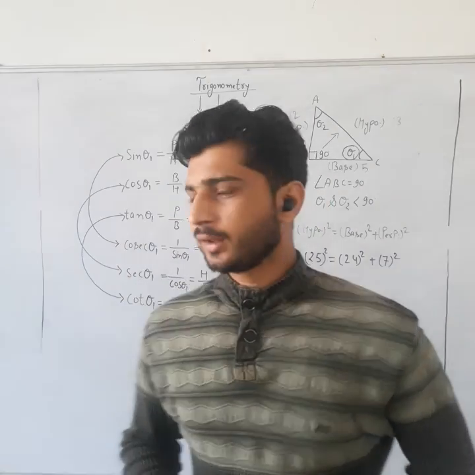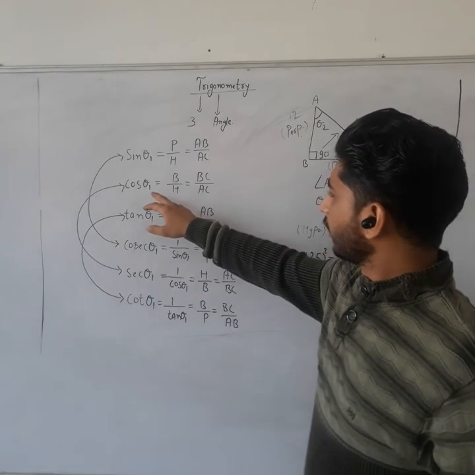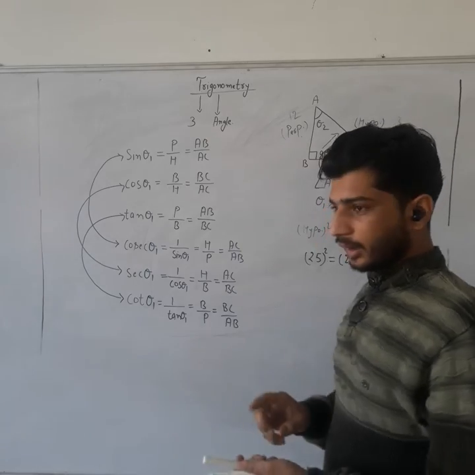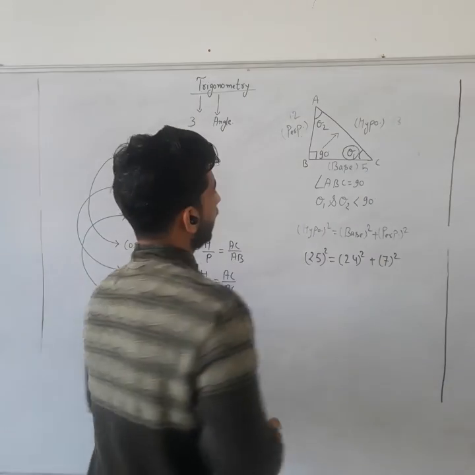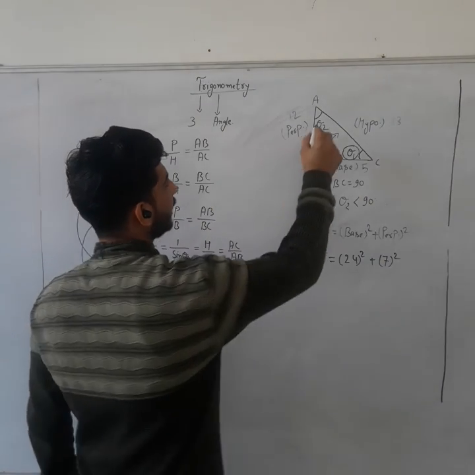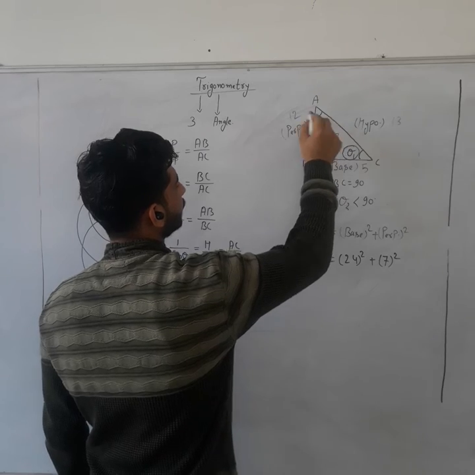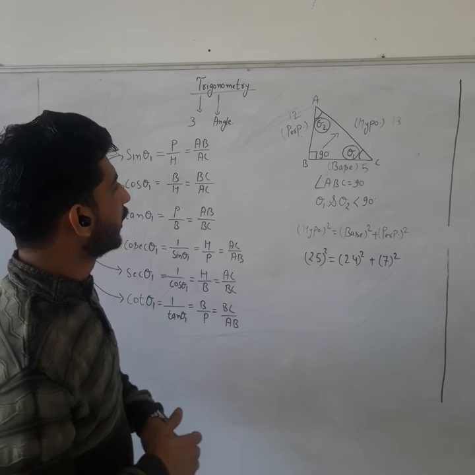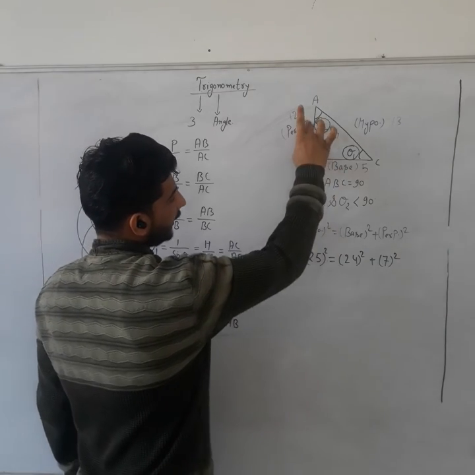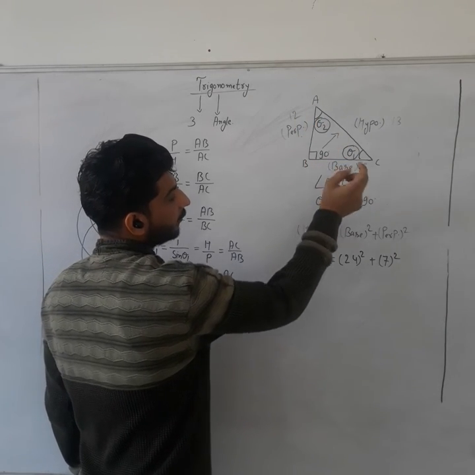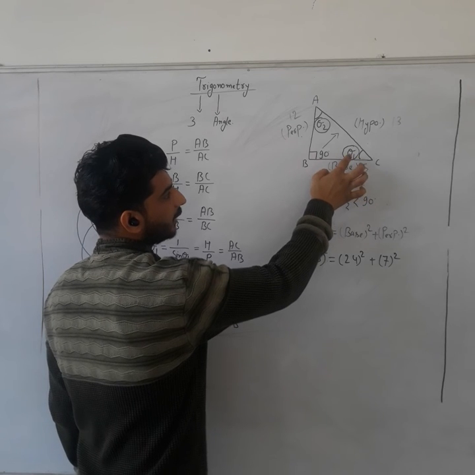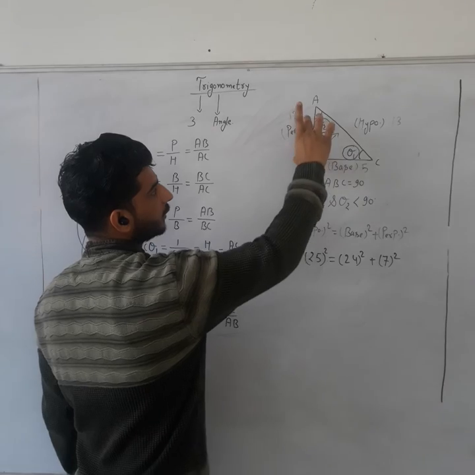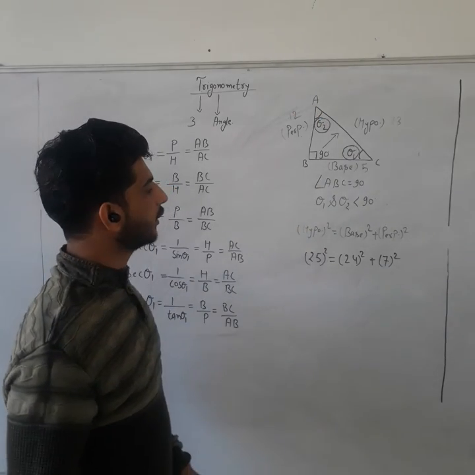Here we have discussed ratios with respect to angle theta 1. In the same triangle, if we are discussing angle theta 2, these values change. How? The side in front of any one acute angle: if we are taking theta 1, the side in front of theta 1 is known as the perpendicular.